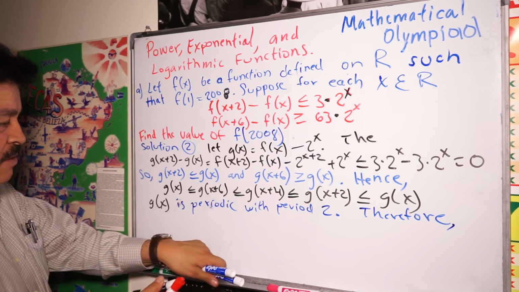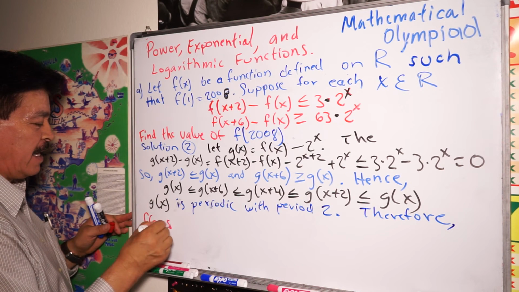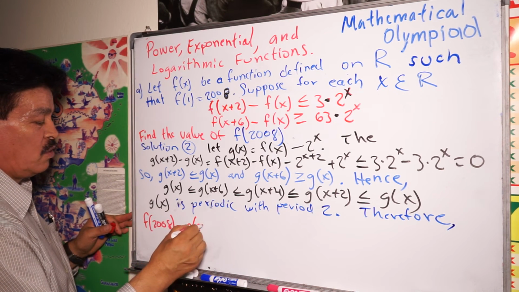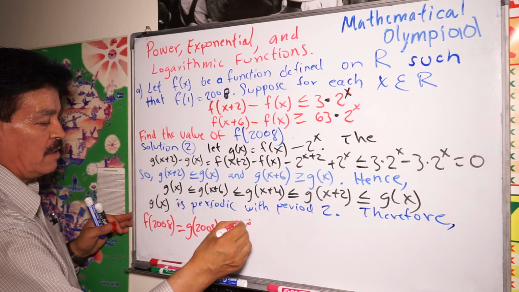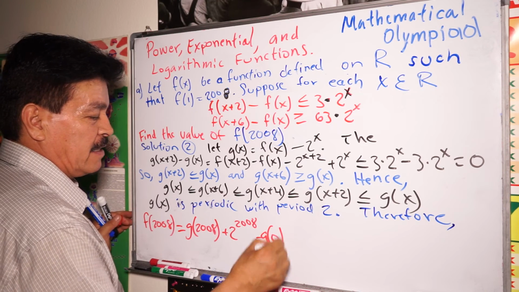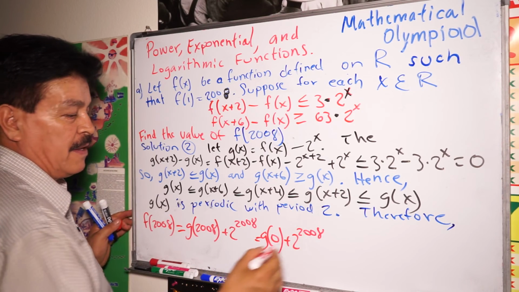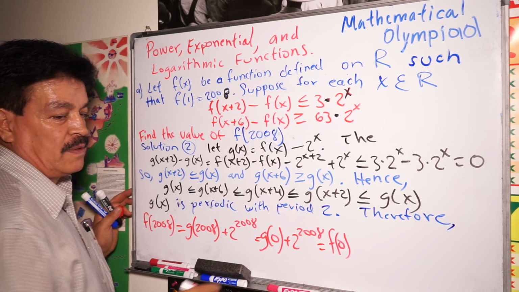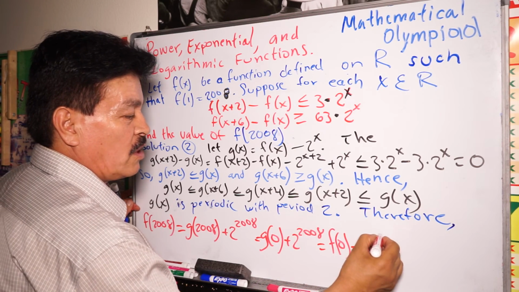A lot of information or data. So f(2008), look, equals g(2008) plus 2 to the 2008 power, equals g(0) plus 2 to the 2008 power, which equals f(0) minus 1 plus 2 to the 2008.